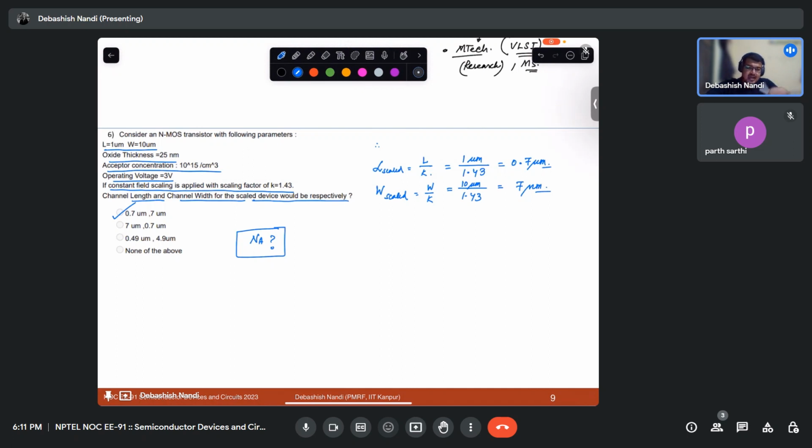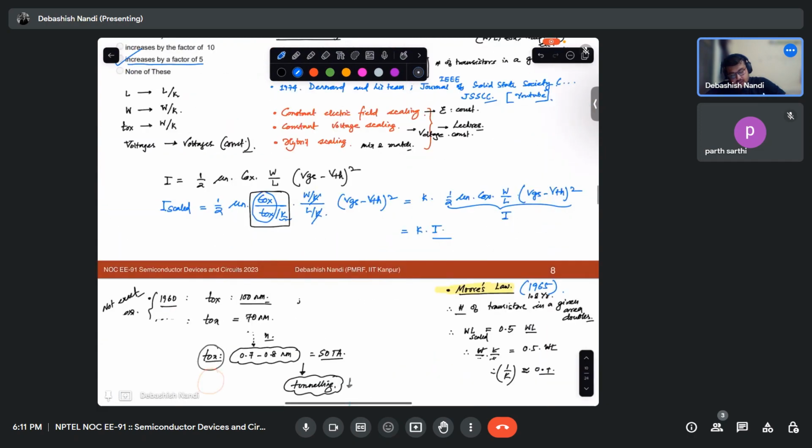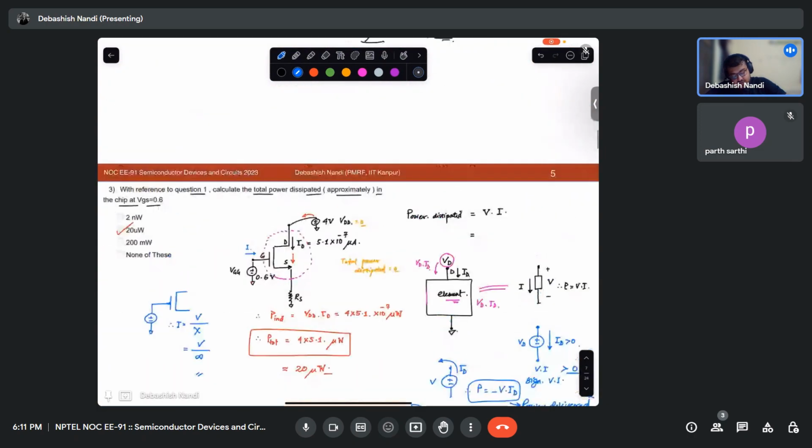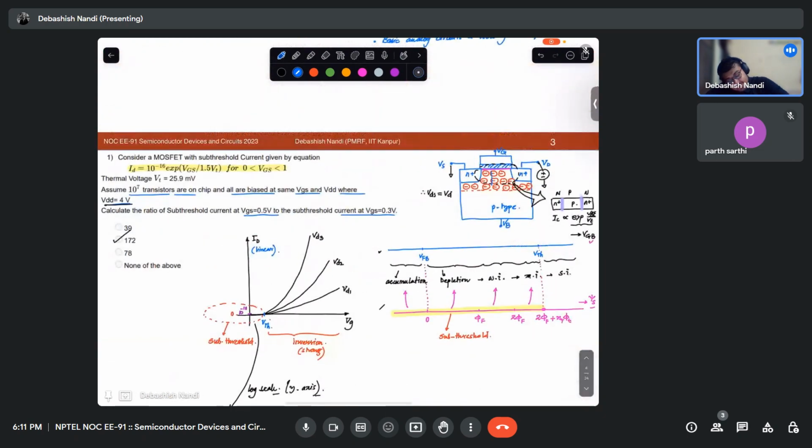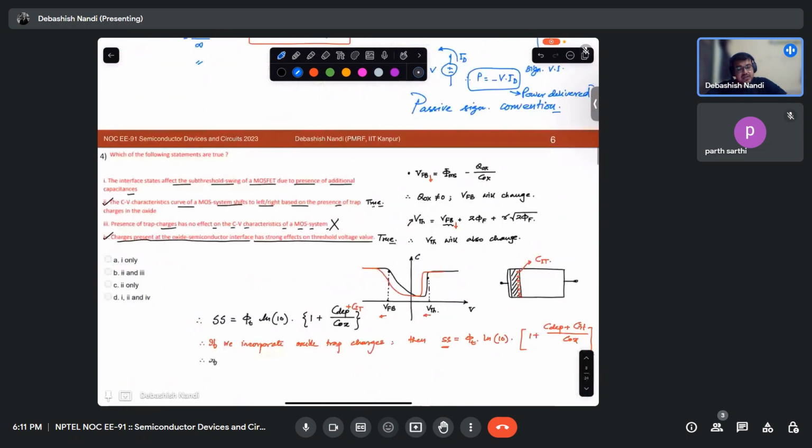But there is another thing which you should also consider, right? Your X depletion. What is your X depletion? Why did I draw a MOSFET? This is your X depletion, okay? So X depletion also needs to be scaled.